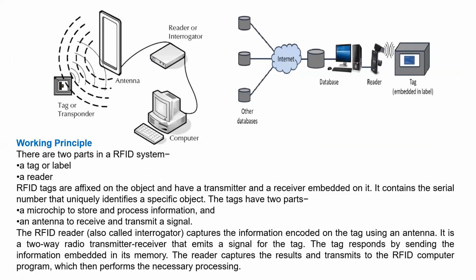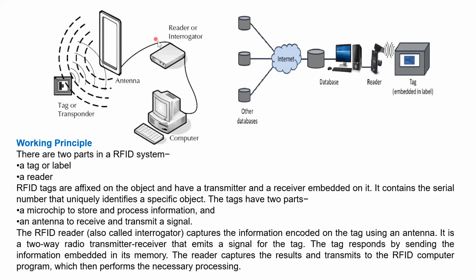So here, which components can you observe? This small part is called a tag or transponder. There is a reader or interrogator.